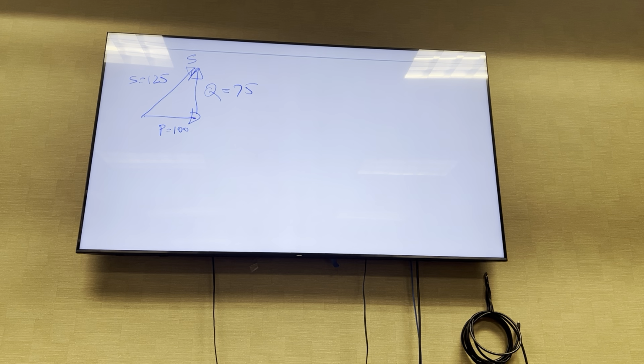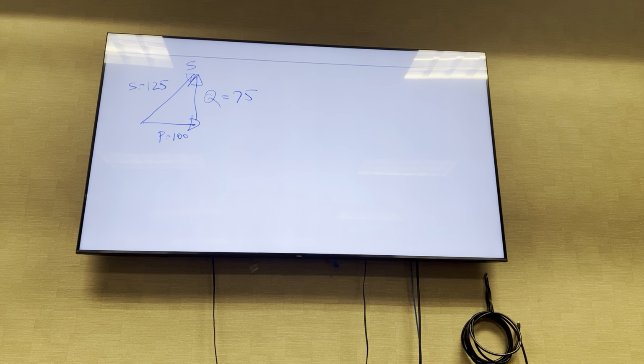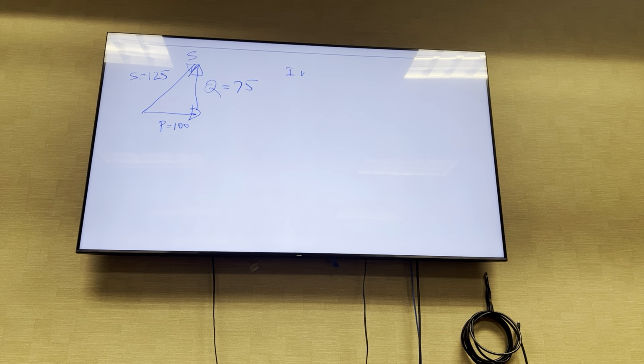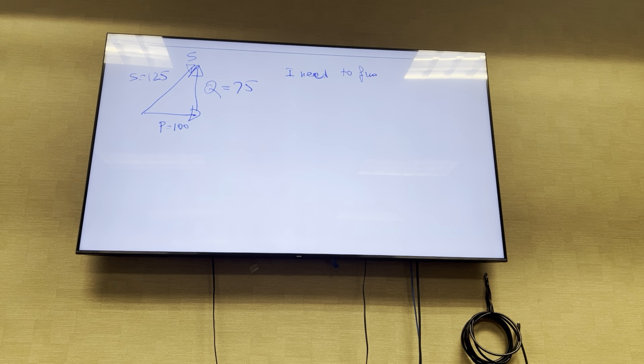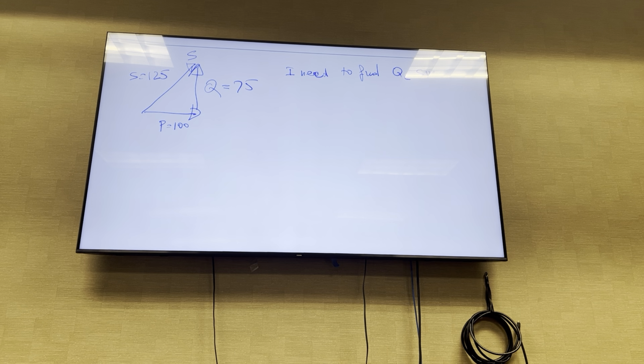And then what am I trying to do in this problem is I need to find Q capacitor such that power factor equals 1.